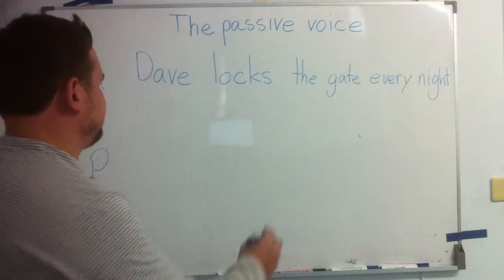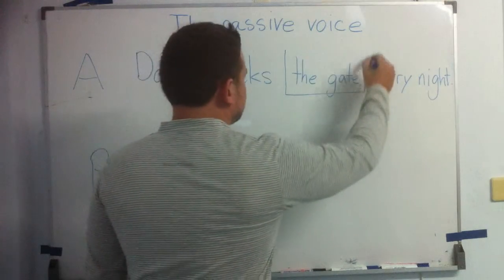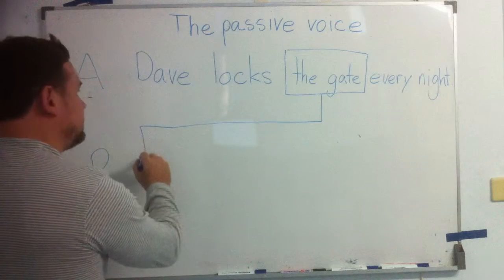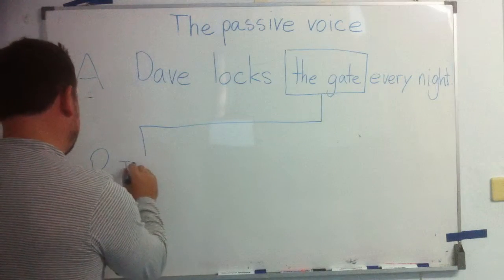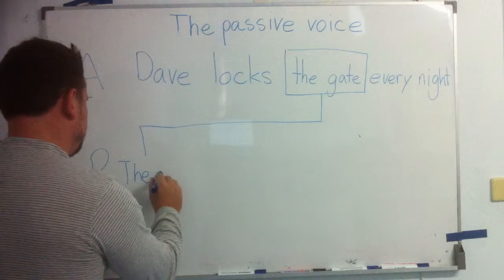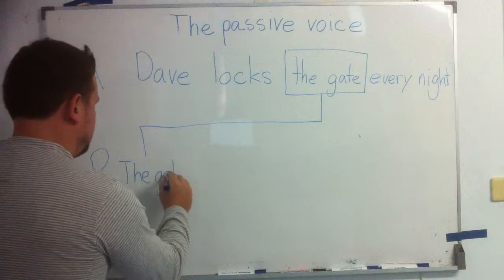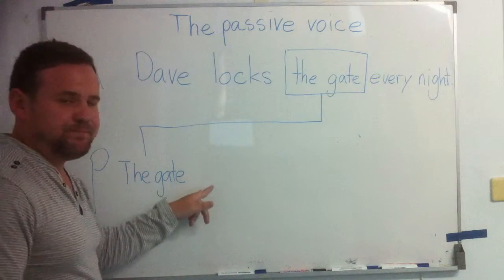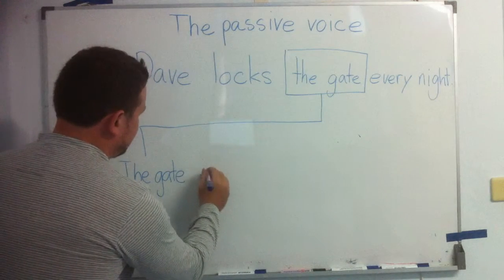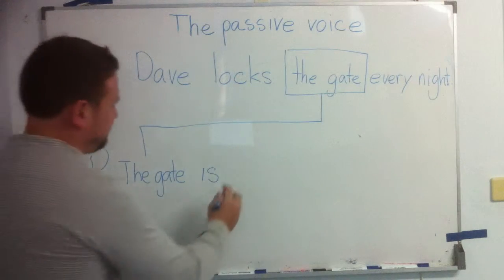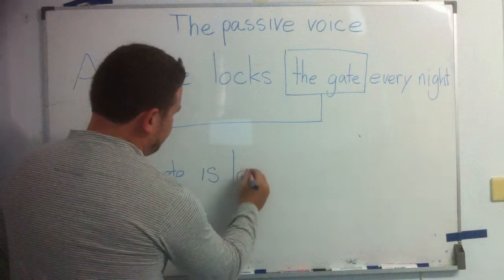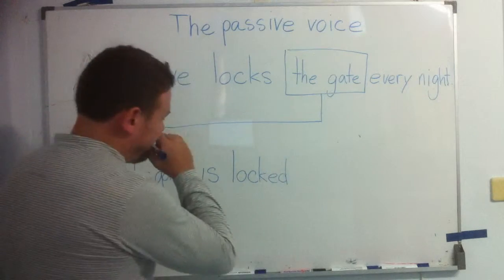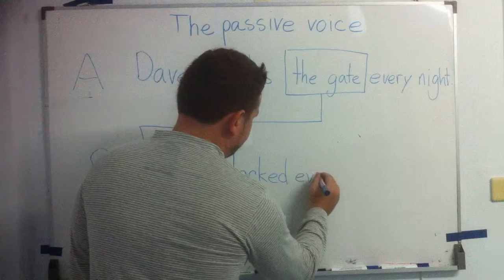So, let's change this. Let's say, the gate, verb be, we use is, the gate is, our verb, locked every night.